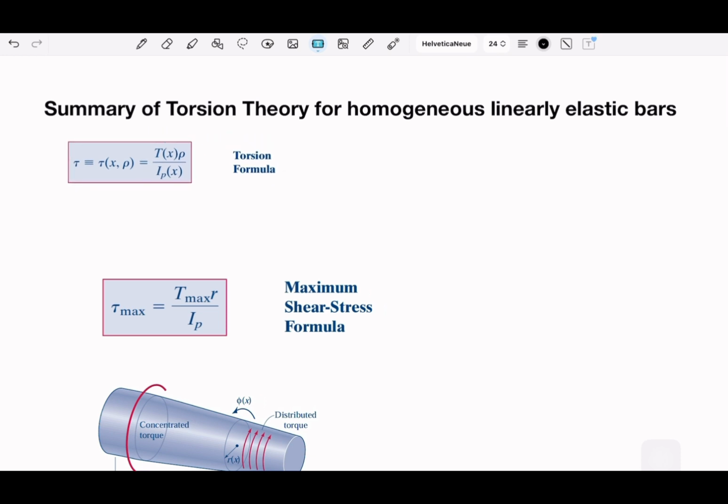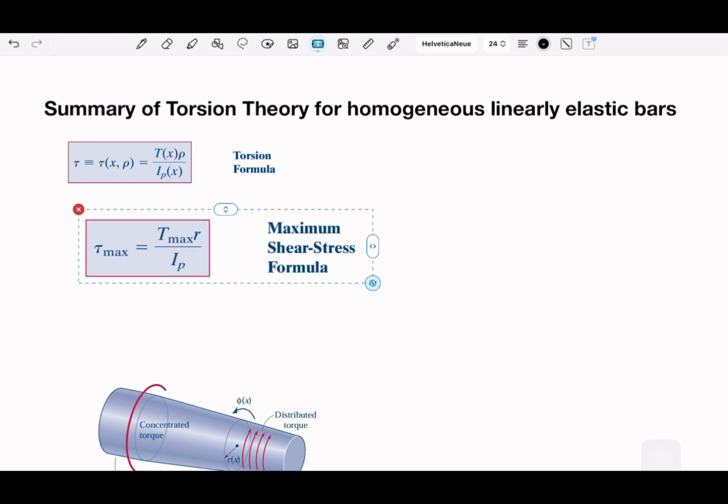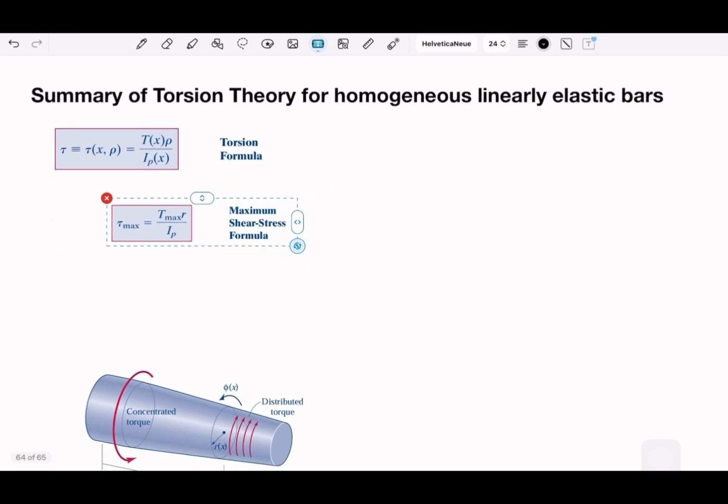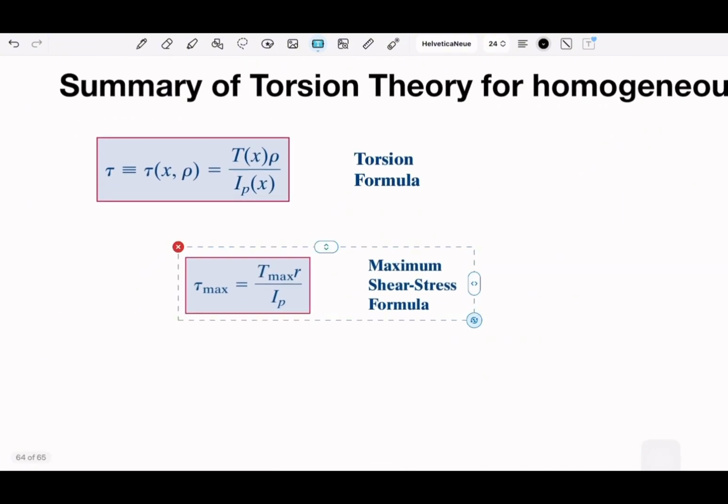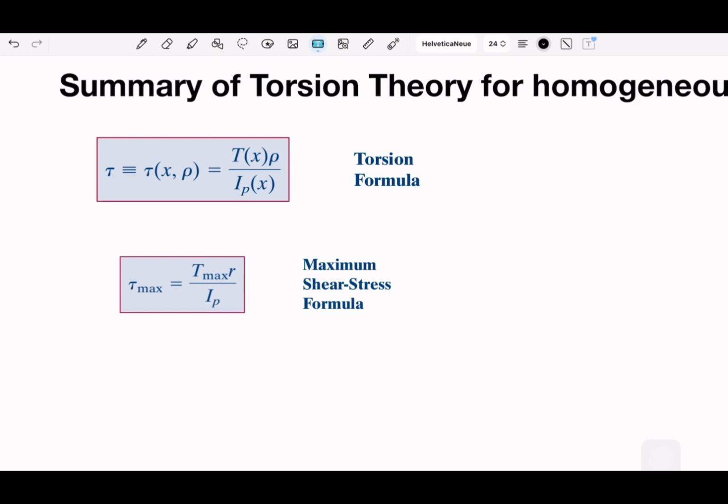If we have variations in terms of x and rho, we can have that, and we can also have the maximum shear stress formulations. Remember that this is for a homogeneous or linearly elastic member with circular cross sections.